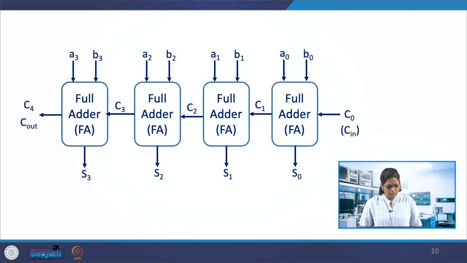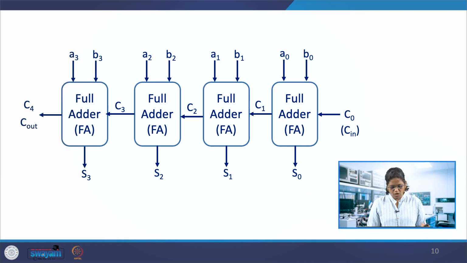So with these inputs, the adder looks like that, C0 for 4 bit. From these bits you can calculate C0 to C1, C1 to C2, C2, C3, and C4. This is C out. S0, S1, S2, and S3 are the sum.